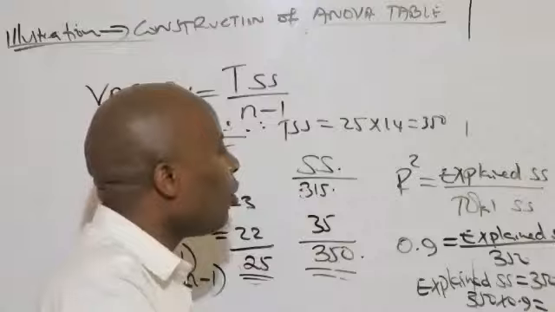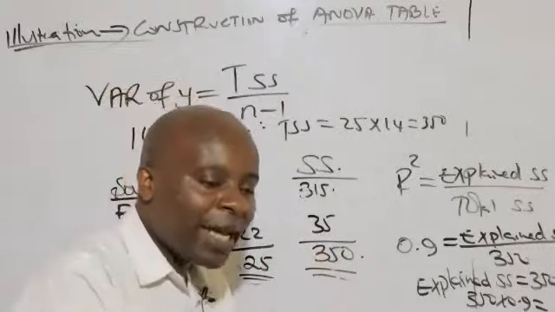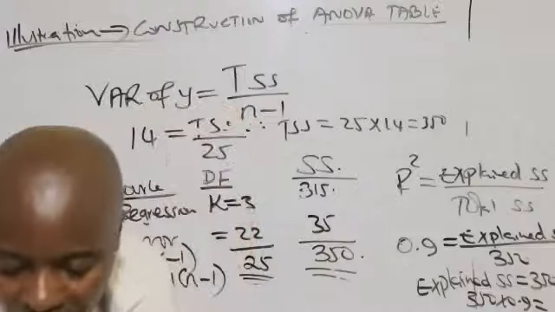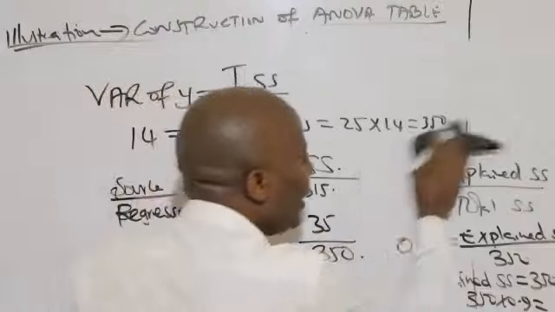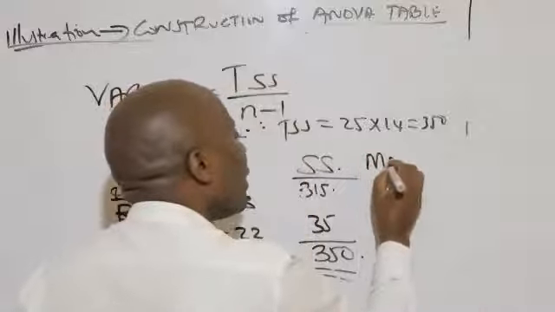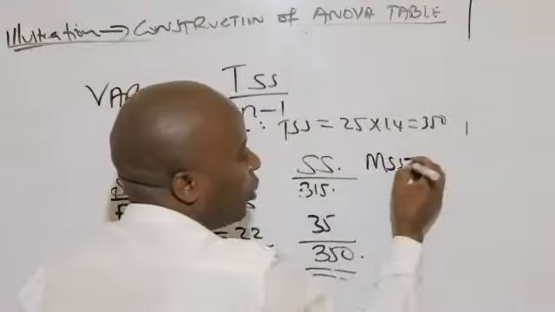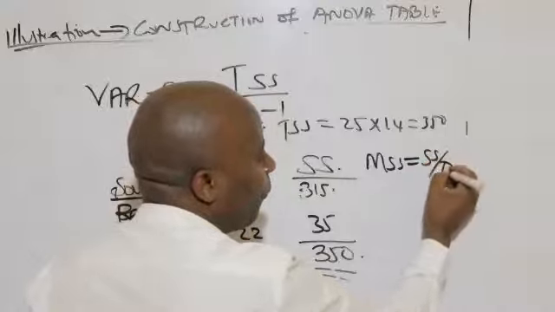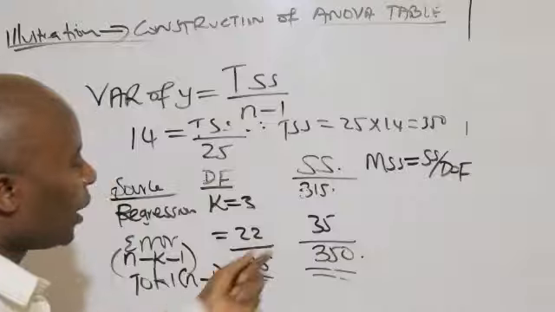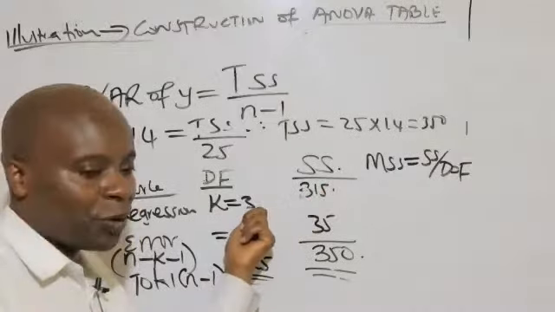Of course, in the ANOVA table, after you give me the SS, the next thing is for me to average that. The next thing is to give you the mean sum of squares. So this will be SS divided by the degrees of freedom. You take 315 divided by the corresponding 3.